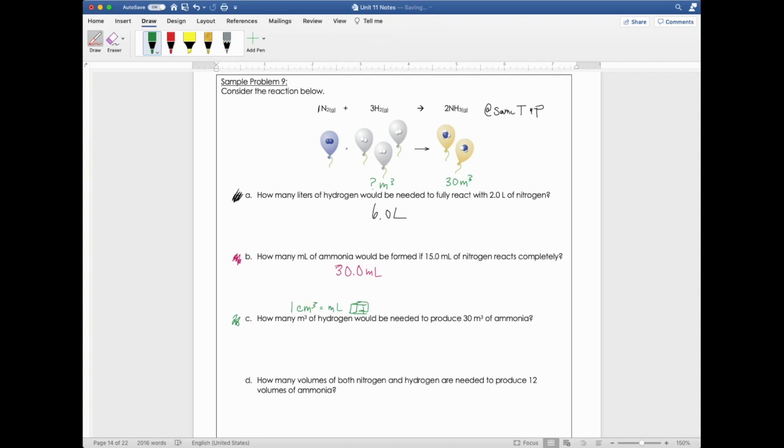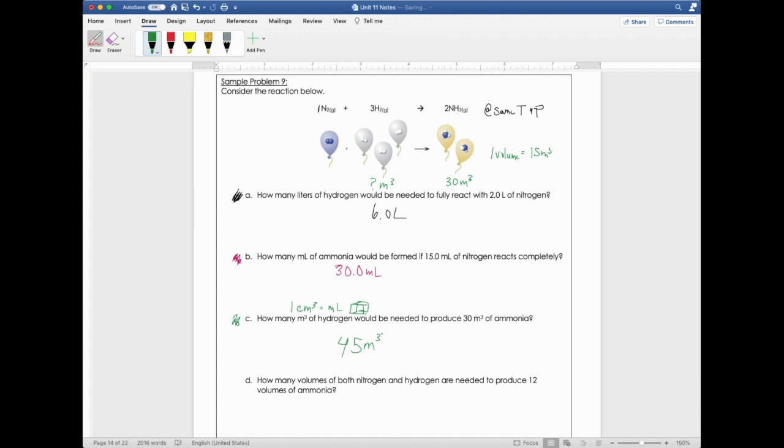So I'm just going to halve that to find out what 1 volume is. 1 volume in this particular equation would be 15 meters cubed. So if 1 volume is 15 meters cubed, and for hydrogen gas I have 3 volumes, well, 15 times 3 gives me 45. 45 meters cubed would be your answer for that one.